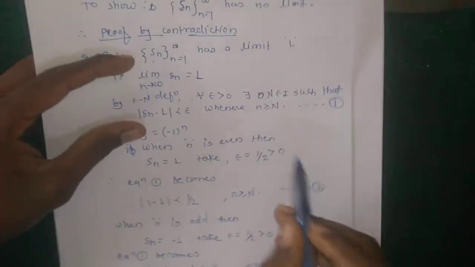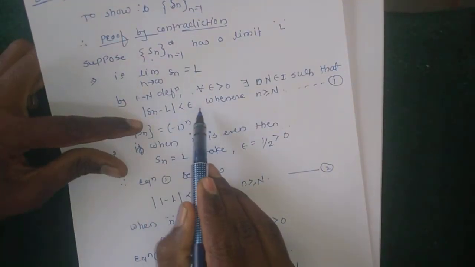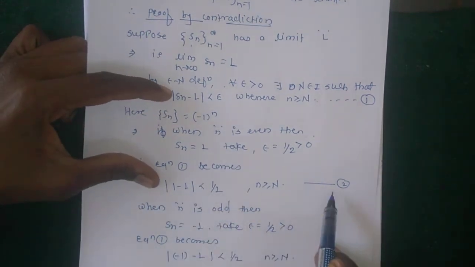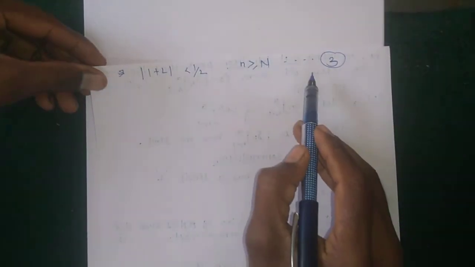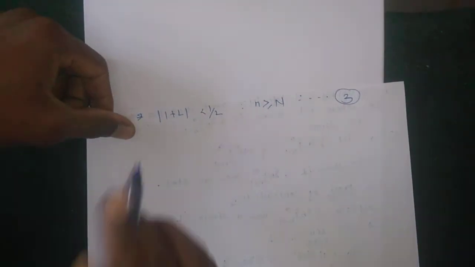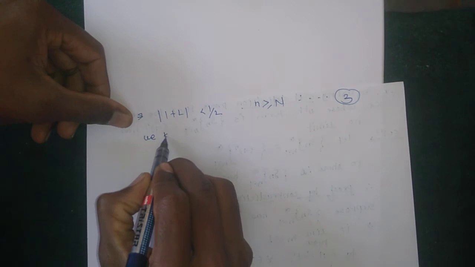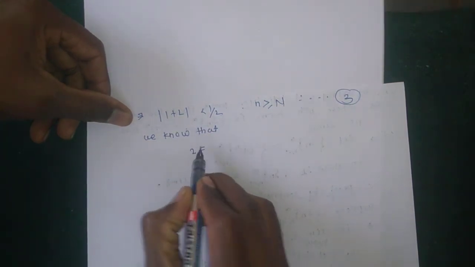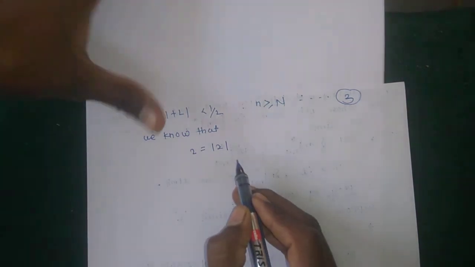Here equation number 1 is mod Sn minus L less than epsilon. When n is even, we get equation number 2, and when n is odd, we get equation number 3. But we know that mod of minus 2 is equal to mod 2.